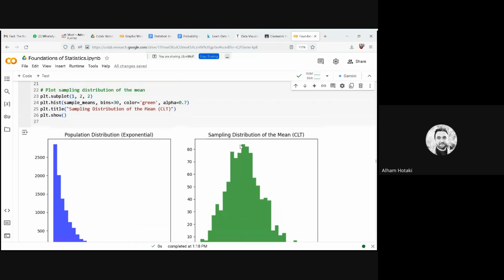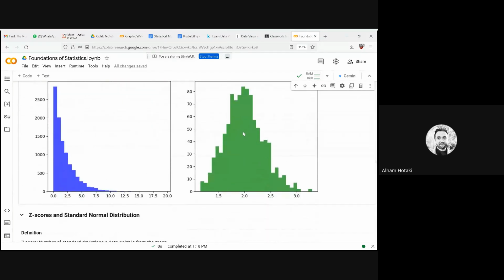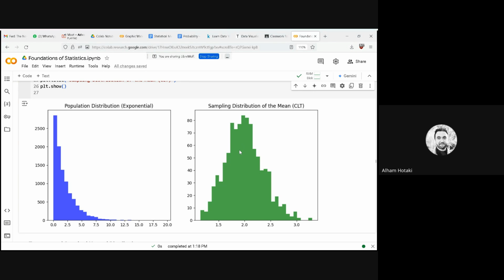So you see, this is how it is called the central limit theorem: the statistics of sampling give you an understanding of a population.